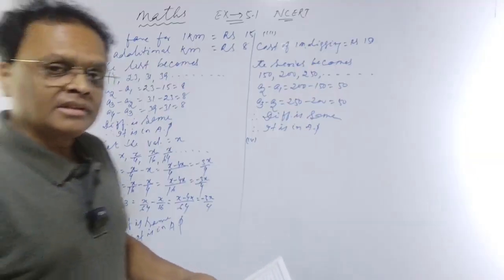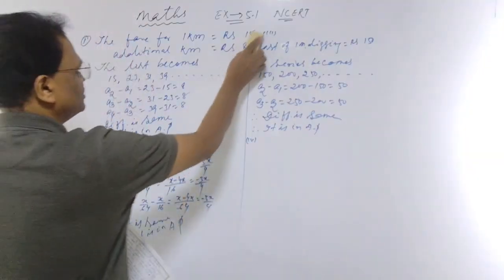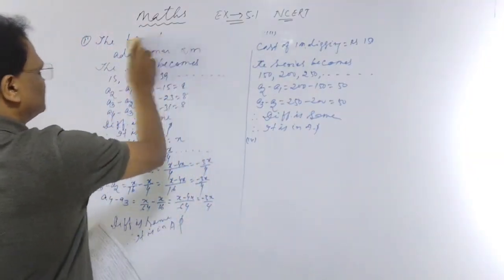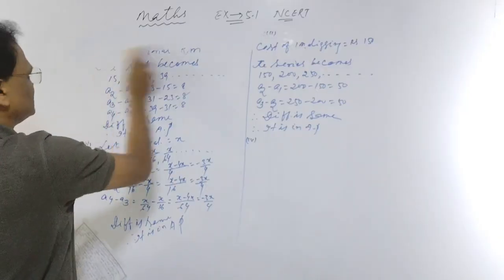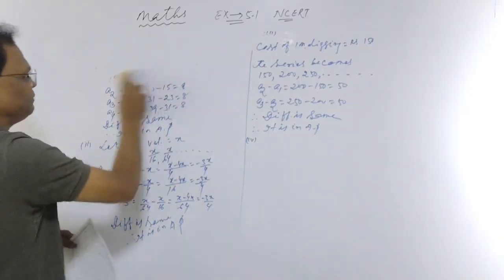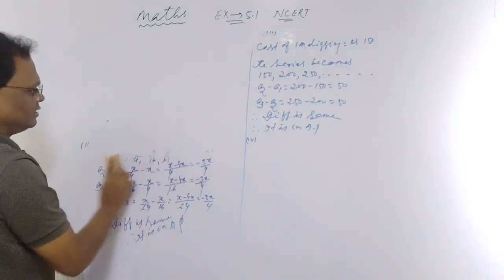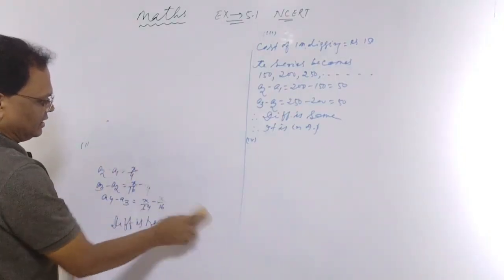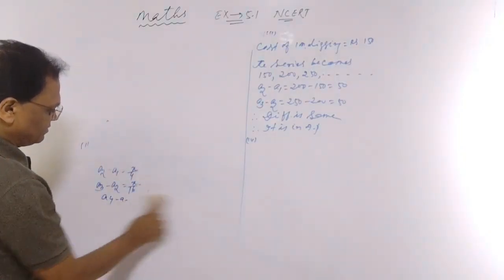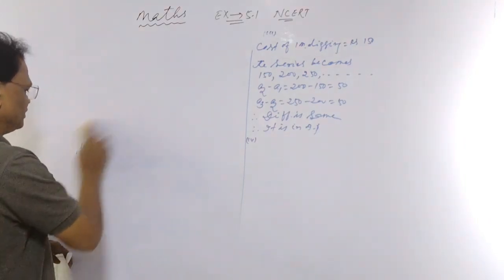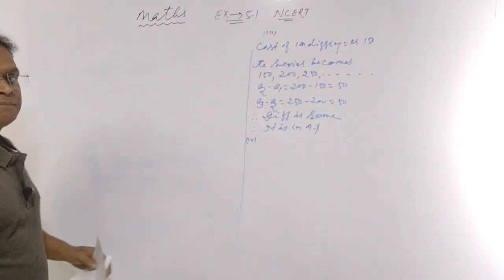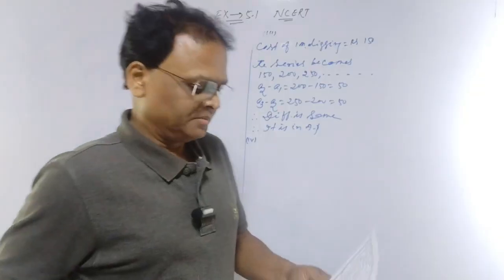The fourth one, what is given? The original amount is 10,000 rupees, but the rate of interest is 8% per annum. So I have to find the interest. Each year I have to find the interest. Then we can decide whether this is again in AP or not.